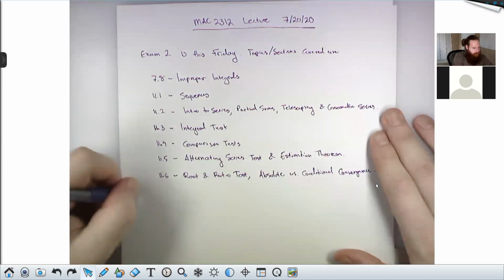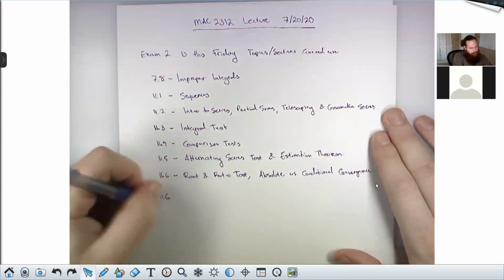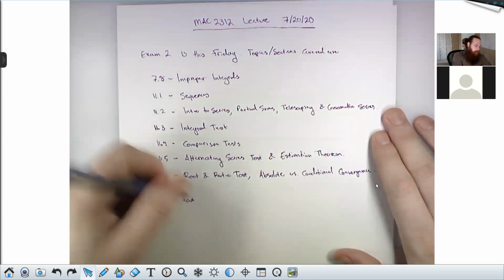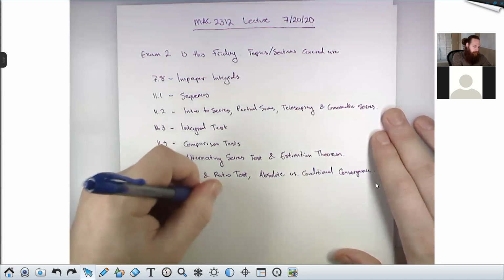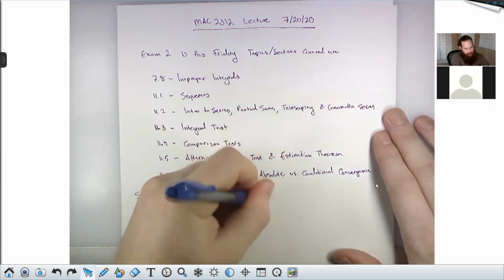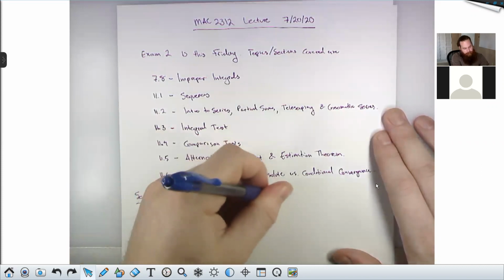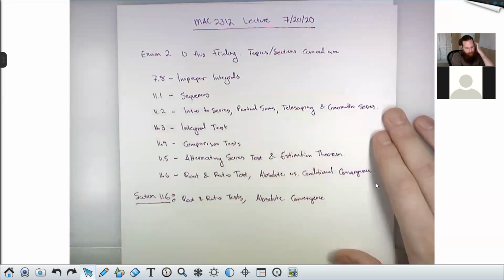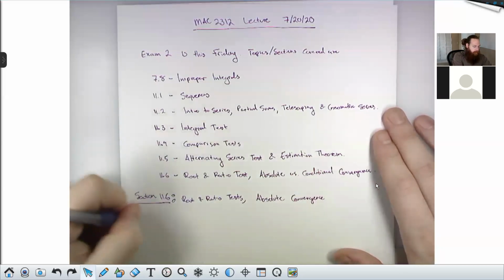So let's talk about section 11.6. It's titled the root and ratio tests and absolute convergence. The first thing we need is a definition.